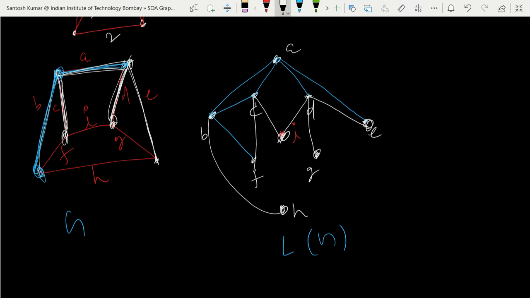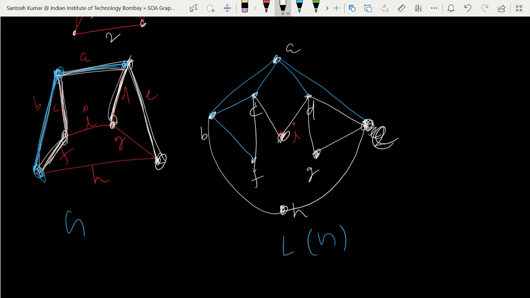Let's come to E. E is sharing with A, D, G, H. So E is here: A, D, G, and H.